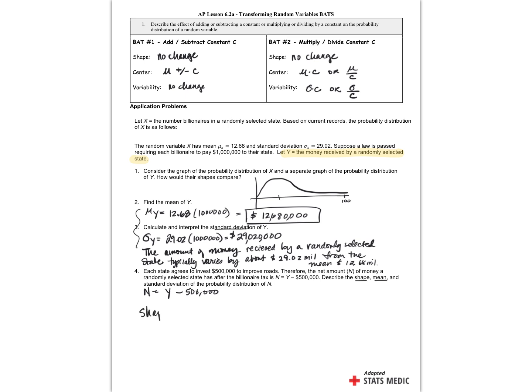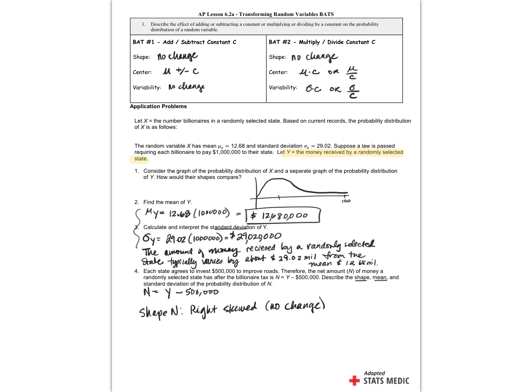So, the shape of N, remember the original was right skewed. What's the shape of this one going to be? Right skewed. It's not changing. It's just moving down the x-axis, basically. It's just shifting down. So it's still right skewed. No change.